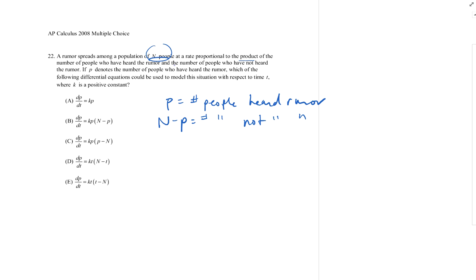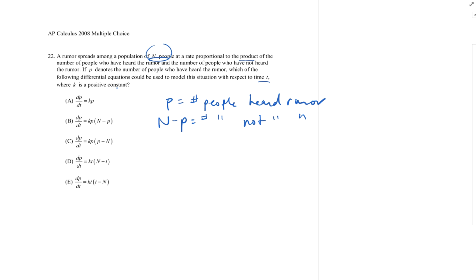And it says the rumor spreads at a rate proportional to the product. If P is the number of people who have heard the rumor, which of the following could be used to model the situation with respect to time, where K is a constant?